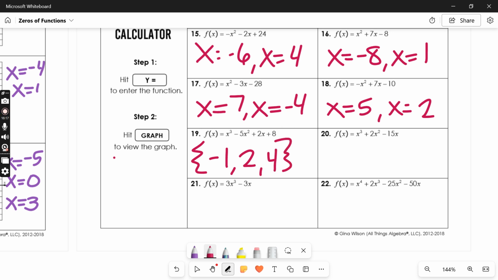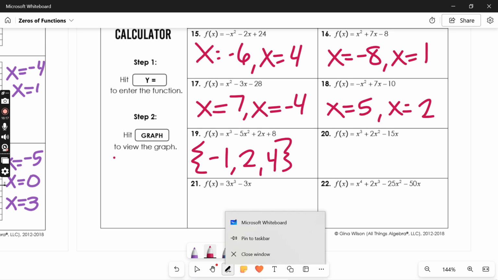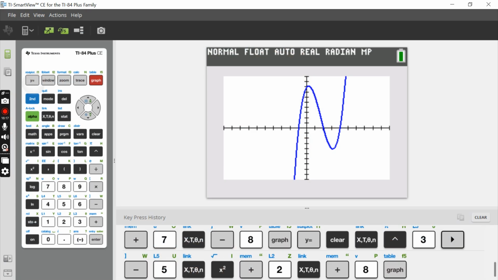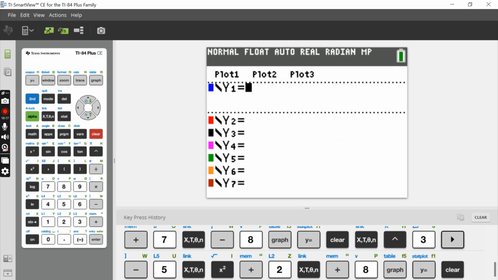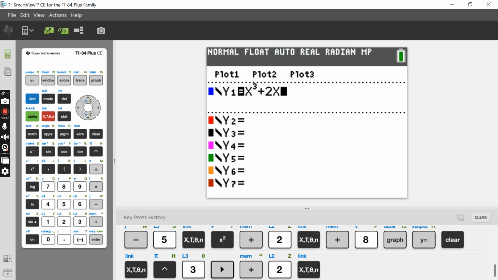Alright, so our next one is x cubed plus 2x squared minus 15x. So you can go type that in. Alright, x cubed plus 2x squared minus 15x.